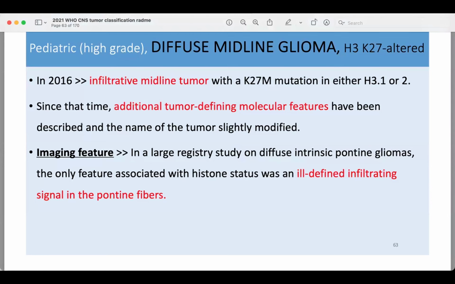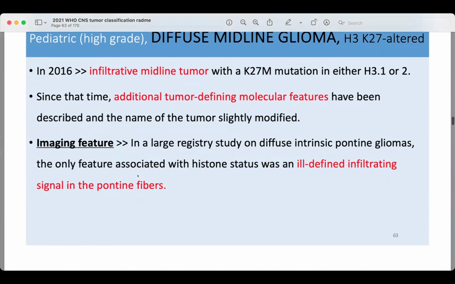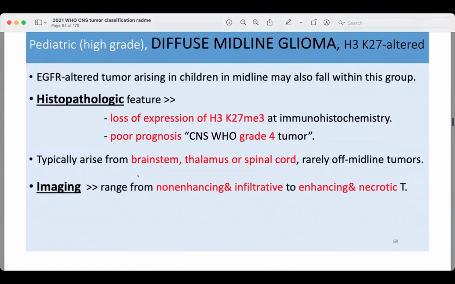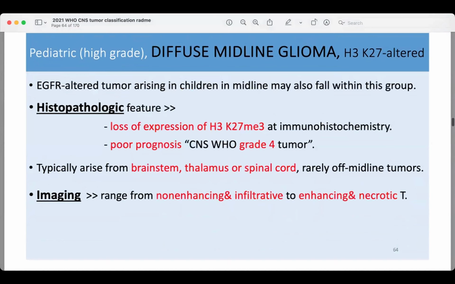And in 2021, it has more molecular features identified, and always it is an ill-defined infiltrating tumor in the images. In the histopathology, as I told you, it has certain types of mutations, and it always has a poor prognosis and is always assigned grade 4.